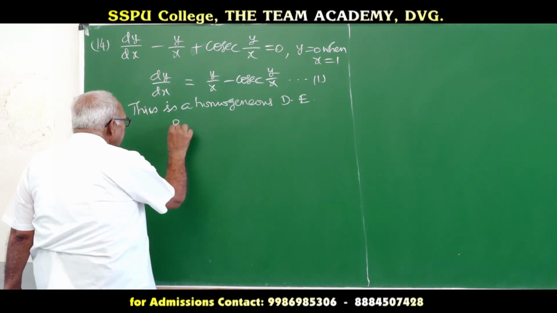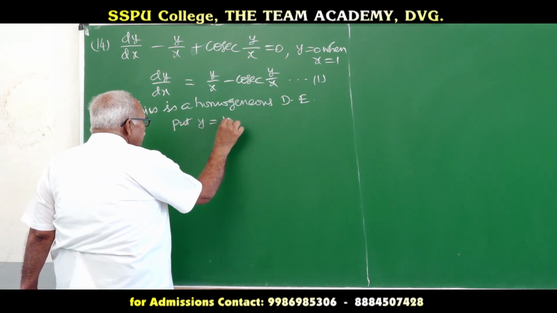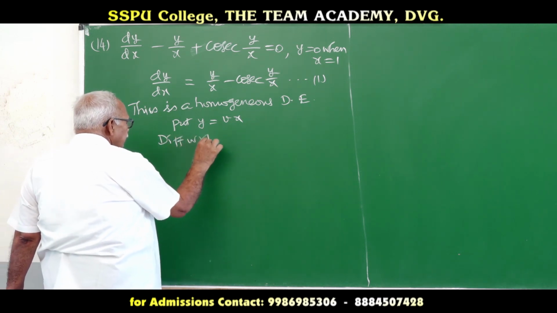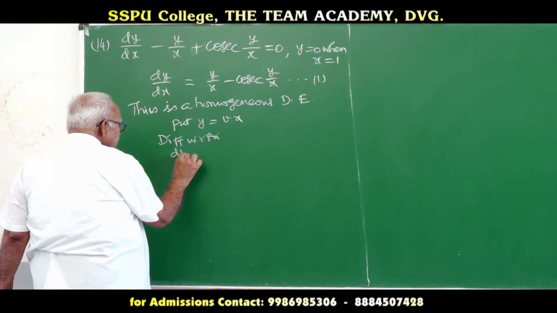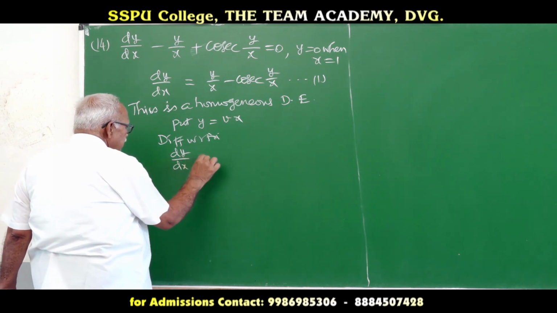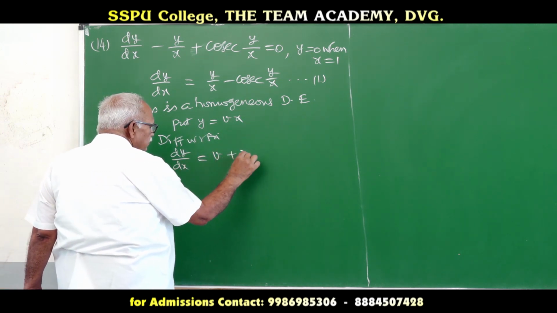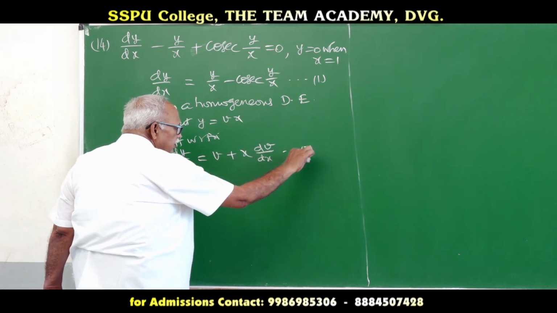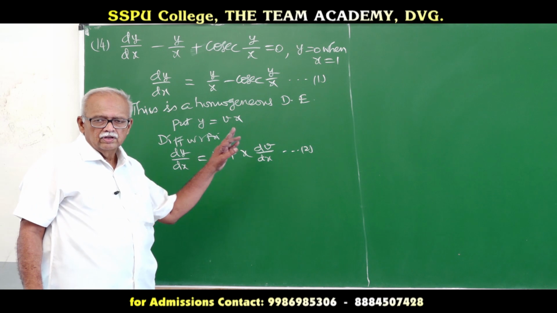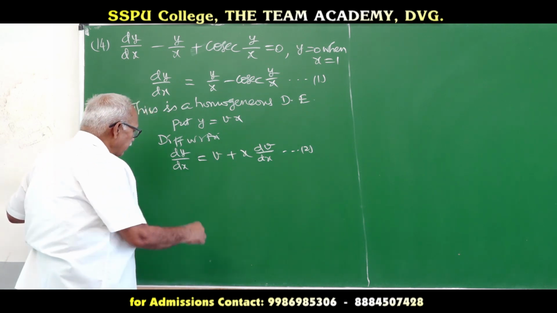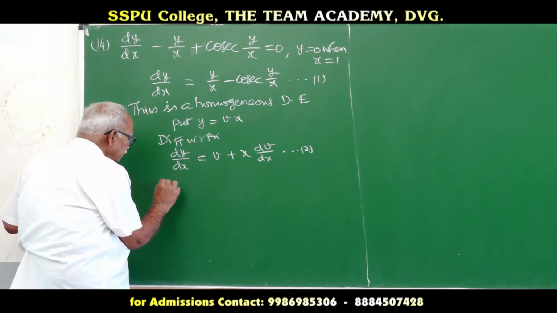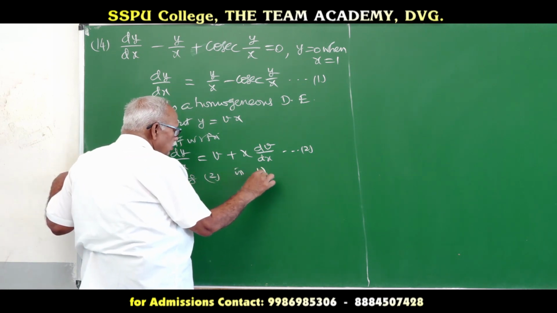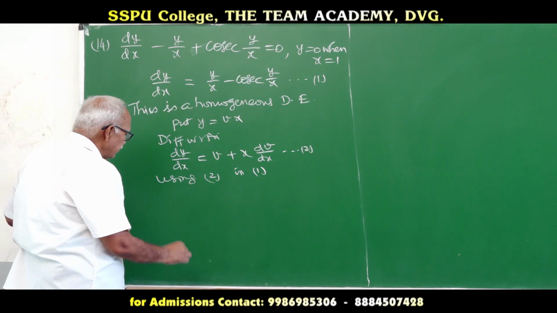Put y is equal to vx, differentiating with respect to x, dy by dx is equal to v plus x into dv by dx. Now using 1 and 2, we can eliminate variable y, using 2 in 1. So it's a very simple one.